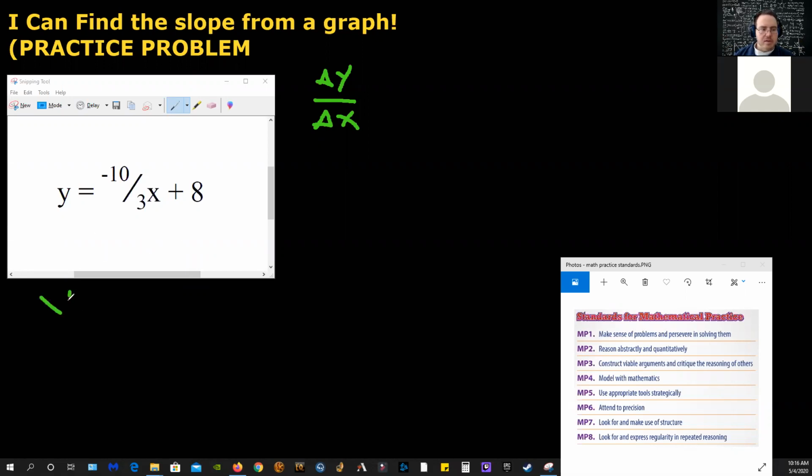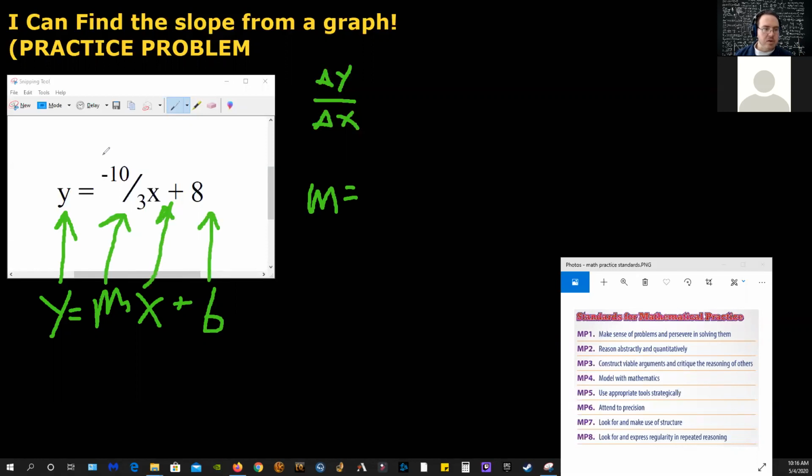So this is in slope intercept form. So it says y equals mx plus b. So if you know that that's the formula and you see the equation, all I'm asking you to do is to spot the slope. M is the slope. So what is the slope? There's y. M is whatever is attached to the x.